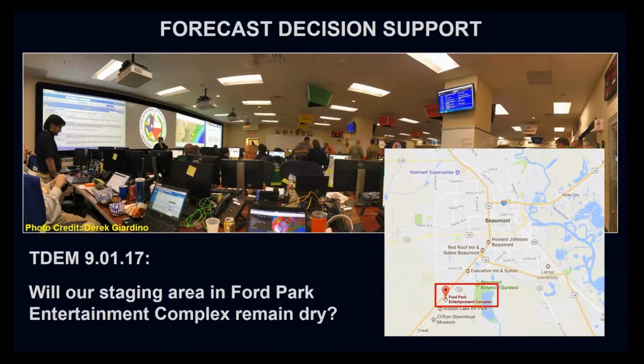This is the Ford Park area, and we had a ton of requests that day. This one really caught our eye. We thought we could help with this one, and this was a little bit of an extension of our typical forecast routine in answering questions. But we will answer any question, or at least try to help them and answer their questions as best we can.